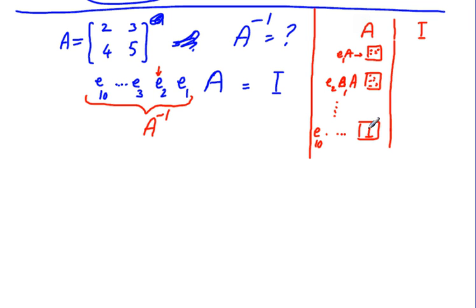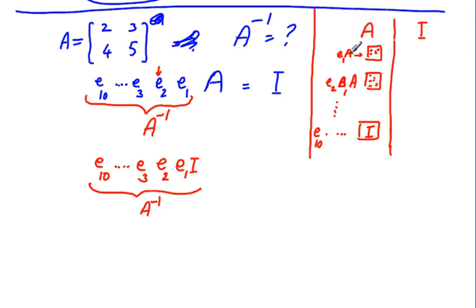So identity shows up here. What do I do here? Well, I want to also create A inverse. So how do I create it? I take the matrix E1, I multiply it by the identity. Then I multiply it with E2. Then I multiply it by E3, all the way until I multiply by the very last one. And whatever this is, that has to be my inverse.